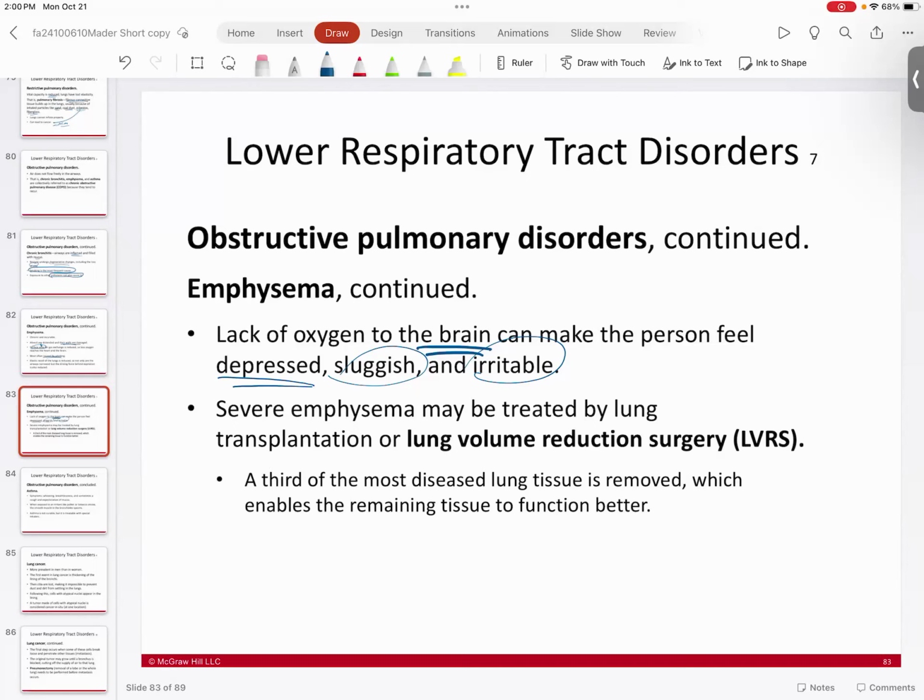Most of the time, emphysema is a one-way street. By the time you've gotten to emphysema, you're in serious trouble. You're probably looking at what's going to take you off this planet. That's probably what's happening. You can, however, get a lung transplant. So basically a lung volume reduction surgery, where essentially you can remove the diseased lung.